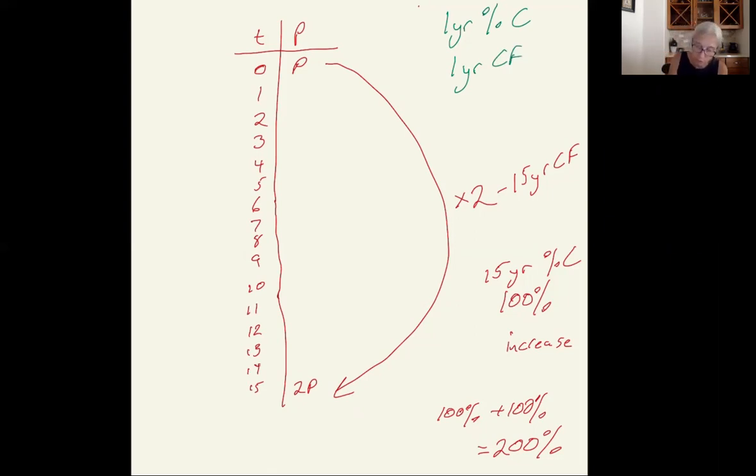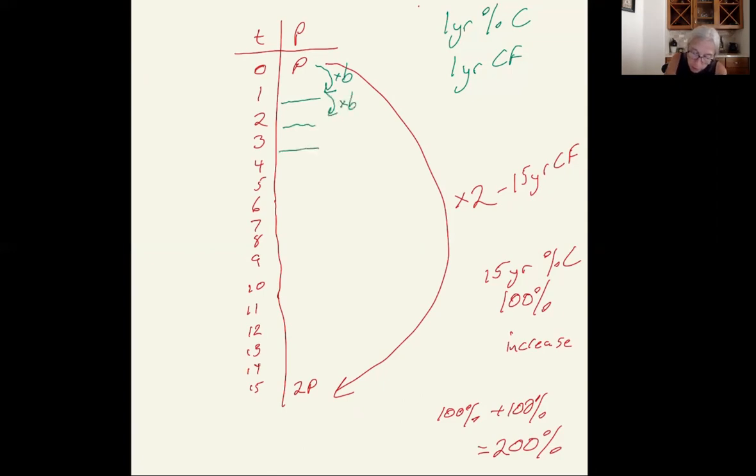If I only wanted to find the population in the very next year, I would have to multiply P by some value, and I'm going to call that value B. I don't know what that value is. I know that if I go 15 years, I'm going to have to multiply by 2, but I don't know what it is for every 1 year.